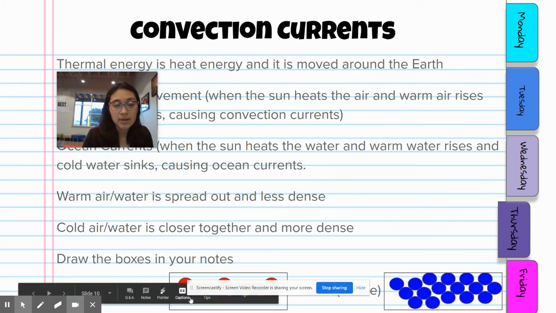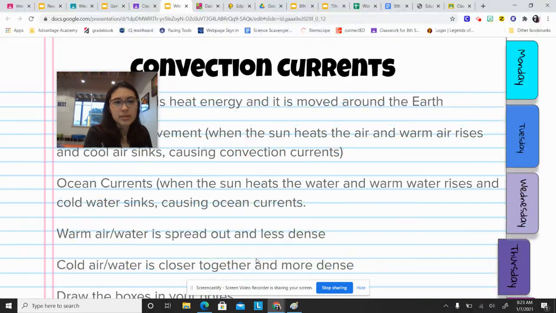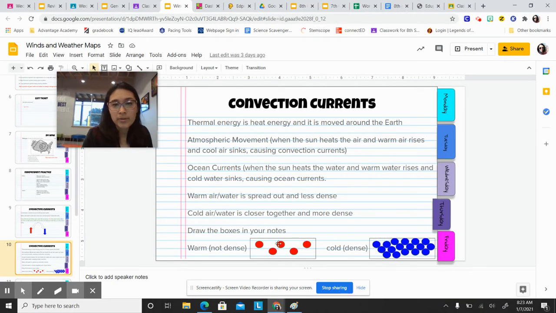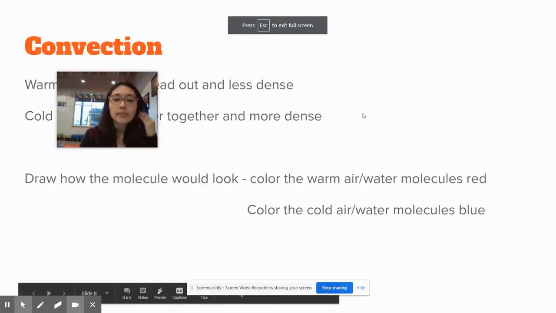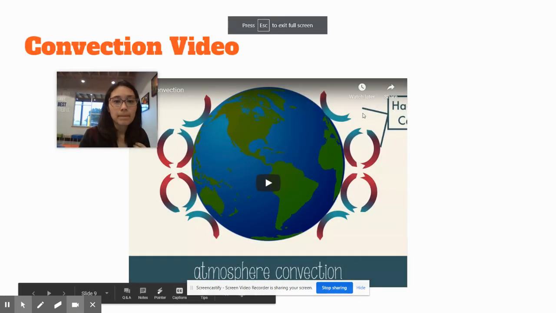So as you can see, they're red. It's kind of hard to see at the bottom. They're red and they're further apart, so they're not dense. And then with cold water or air, the molecules are closer together, and that means that they're denser, which means they're going to sink. Okay.